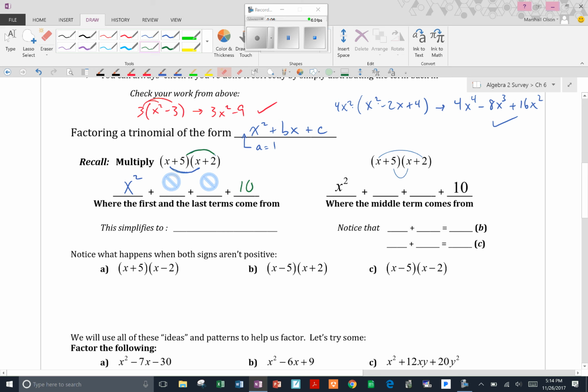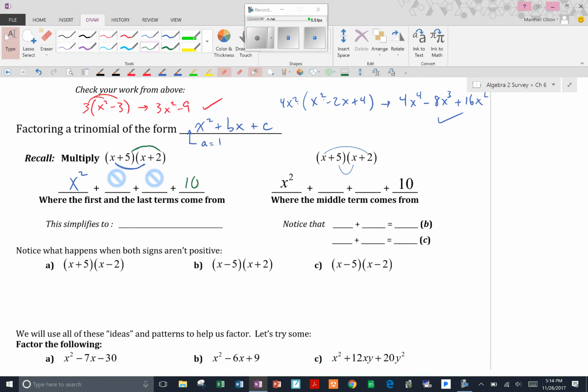The middle stuff, which we end up combining, comes from multiplying the x times the 2, which gives us 2x, and the 5 times x, which gives us 5x. And then we end up simplifying that to x squared, and then the 2x and 5x give us 7x. That's where the simplifying comes in, plus 10.